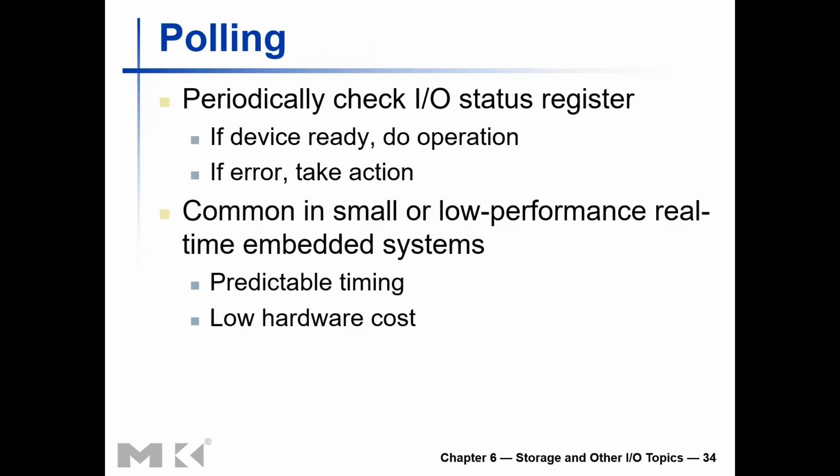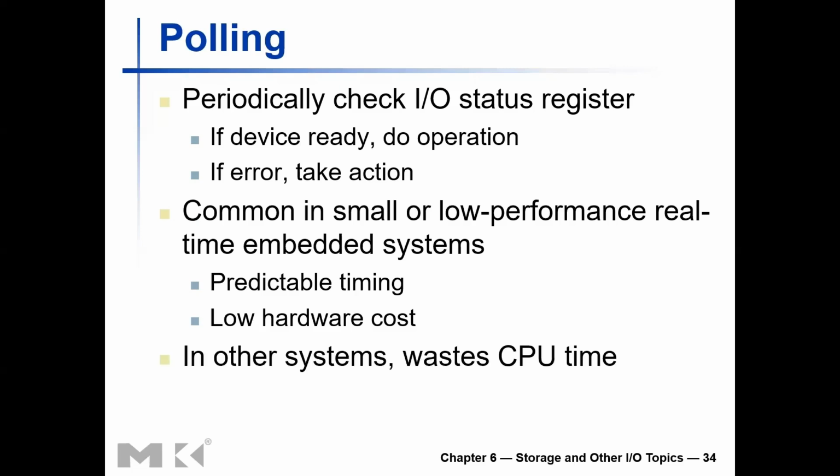It's common in smaller, low performance real-time embedded systems. Predictable timing. We know at this time the device will be free. The program can be written accordingly, and the program can be run. We can run the program to read a bit from the device and check whether it is free or not.